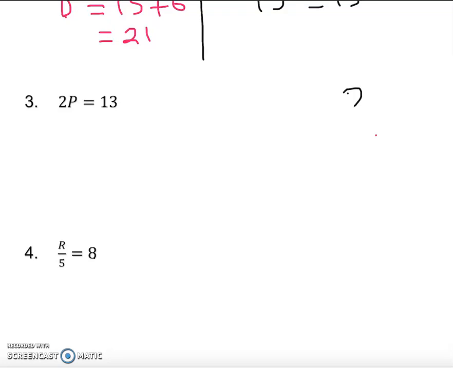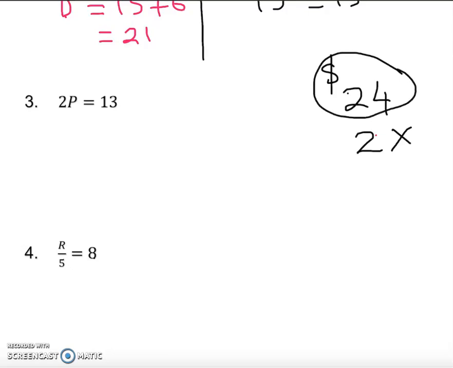If you have 24, this is clearly 24. Now if you say 2x, this one we don't know actually. 2 times what? We don't know that. So this one is just plain 24, with no sign in between, whereas this one has a sign in between.